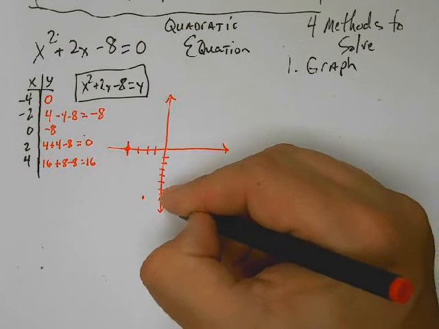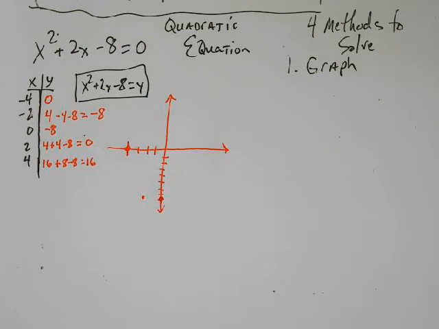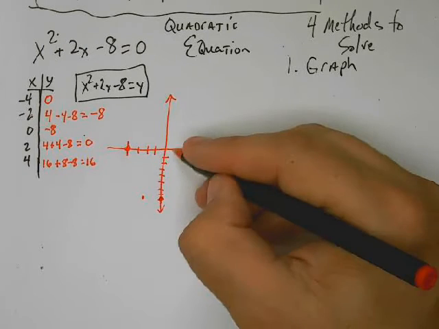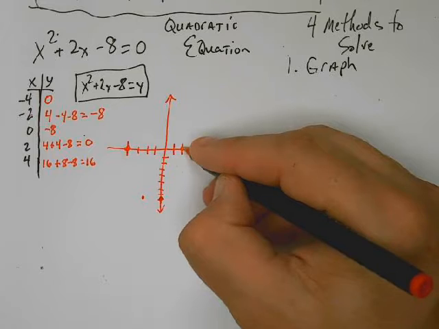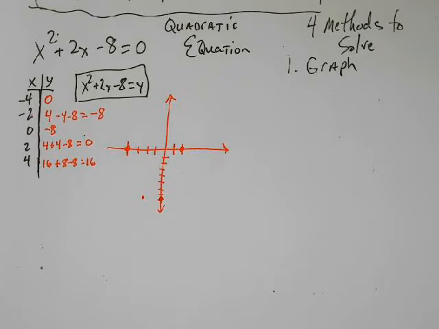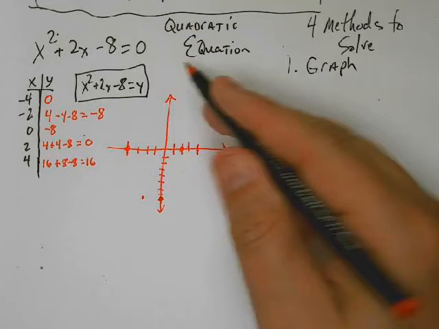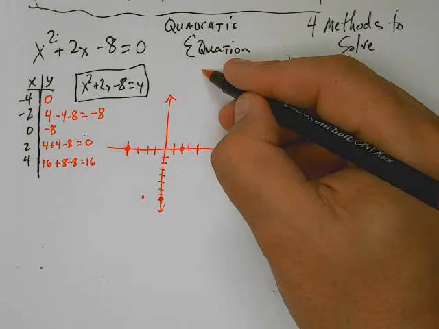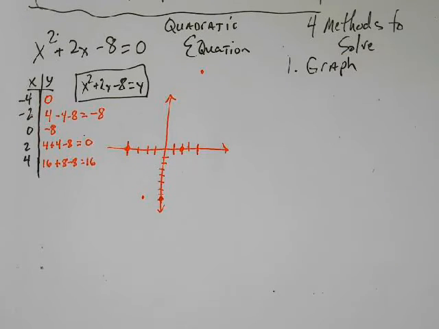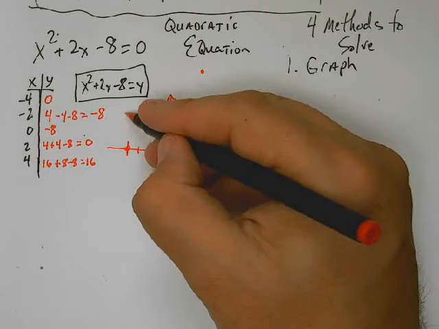That's also on the graph. Then 2, 0. And then 4, 16. Wow, that's way up there. I'm not going to count 16 dashes. I'm just going to say that it's way up there somewhere. Now I'm going to connect the dots and create a graph.